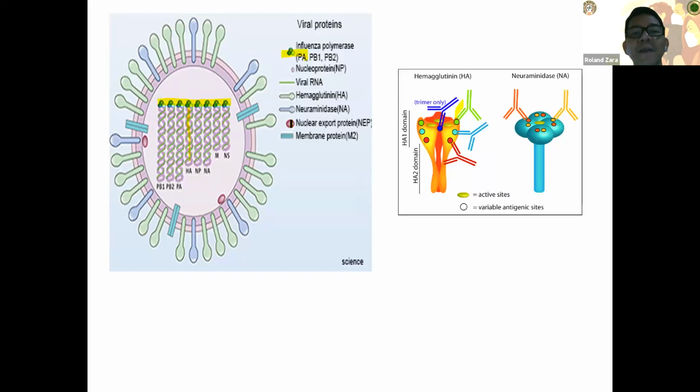These are the nuclear export protein, and the ion channel. And you have the membrane protein too. These are the ion channel. So this is the structure inside the influenza virus.